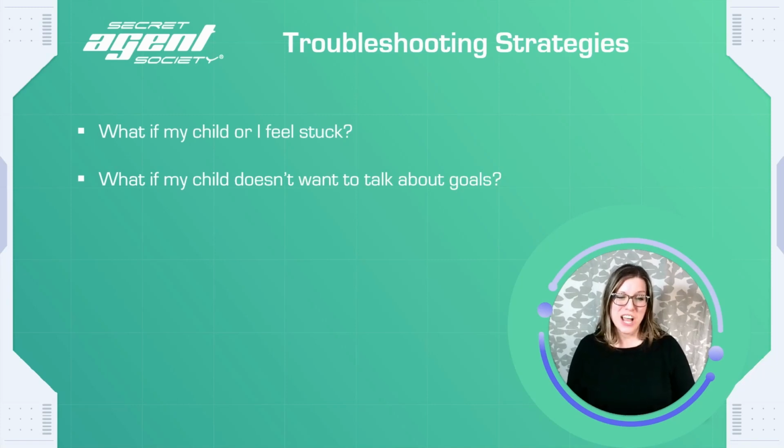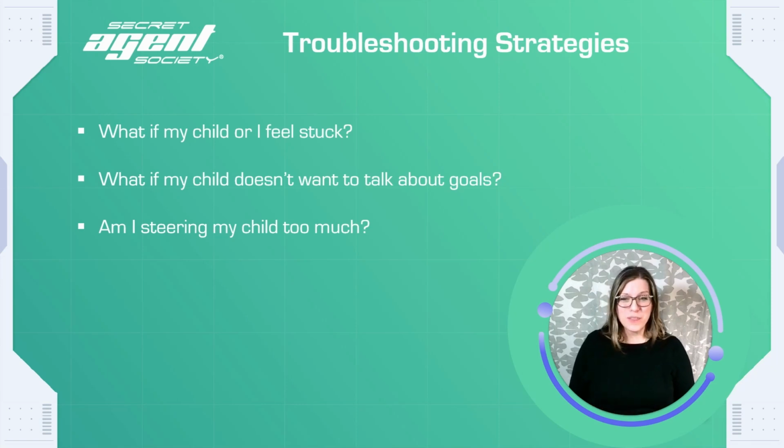And the last challenge that we'll talk about, with some strategies you can consider, is if you're steering your child too much. It's really natural for us to want the best for our kids, but this activity, remember, is about their values and their goals. So to help us stay on track to ensure that we're helping our child take the lead is to ask and not tell.